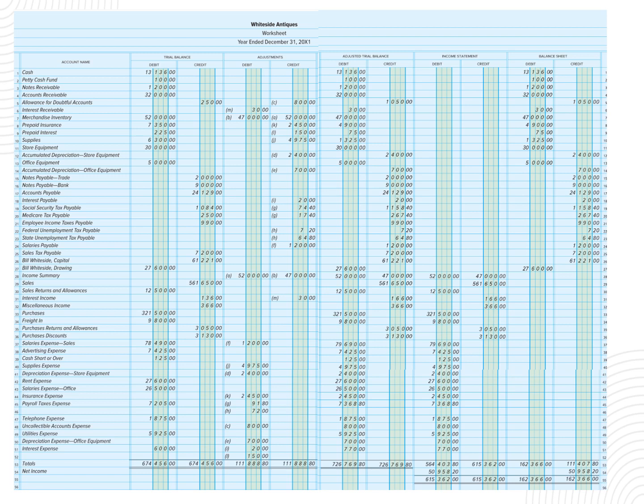Again, we make sure that the column totals balance, like they do here for this worksheet for Whiteside Antiques. Then we prepare the adjusted trial balance by combining the trial balance and the adjustments. And finally, we prepare the income statement and balance sheet. Now we're ready to talk about classified financial statements.